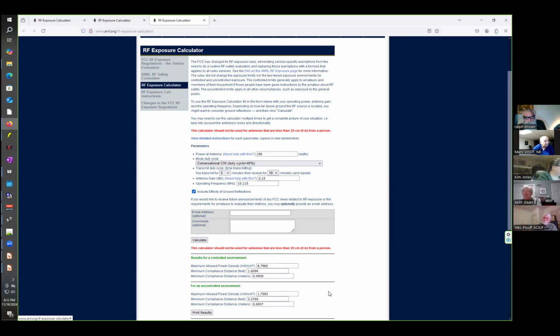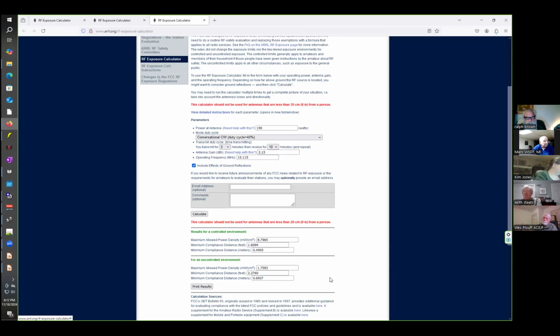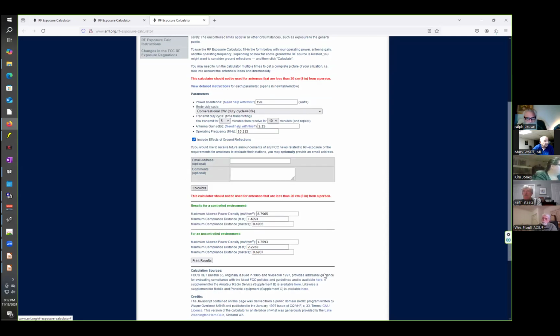For someone just wandering in my backyard, the minimum compliance distance would be a little over 2 feet. So I'm good. Very unlikely with that antenna at 40 feet that I'm going to have any problem cooking anybody's brain.